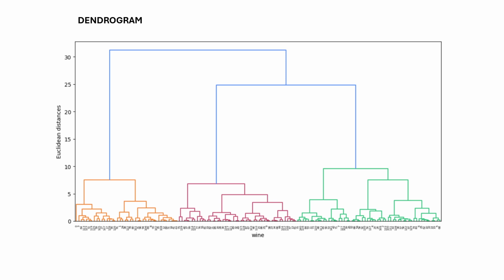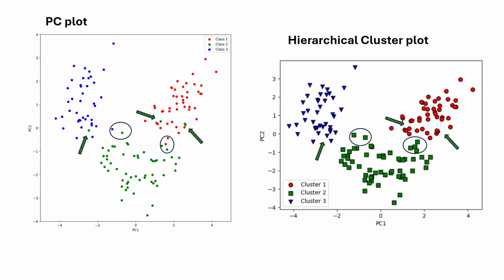The resulting dendrogram from the wine data is shown, and it can be seen that a horizontal line drawn through the largest vertical gap intersects 3 branches, indicating that the optimal number of clusters is 3. The comparison between the principal component plot and the agglomerative hierarchical clustering result is shown.